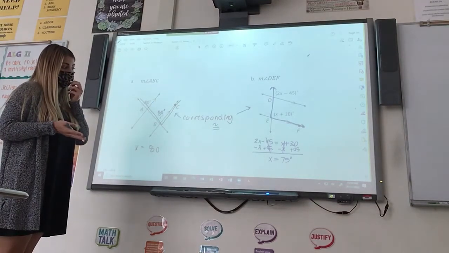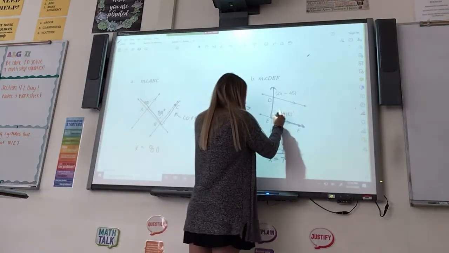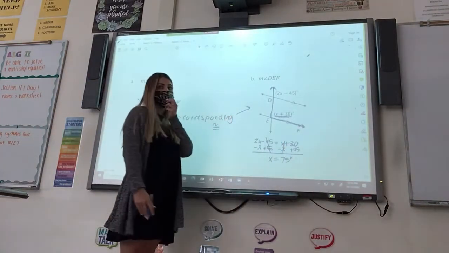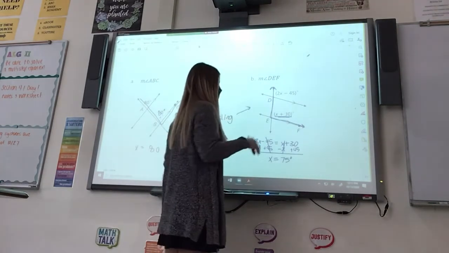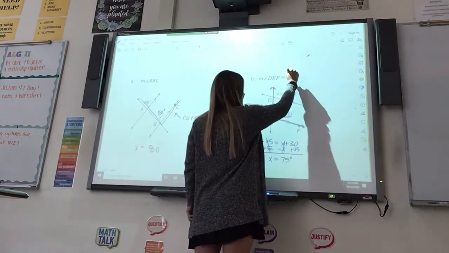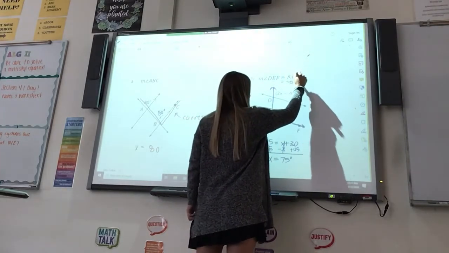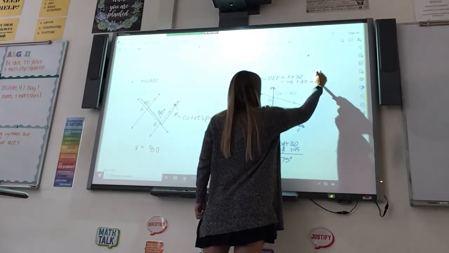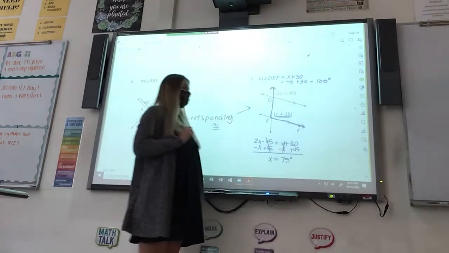You're going to take 75 and add 30. This is the measure of angle DEF. We know what x is, so I could plug it in. This is equal to x plus 30, and now we know that x is 75. So it's 105 degrees.